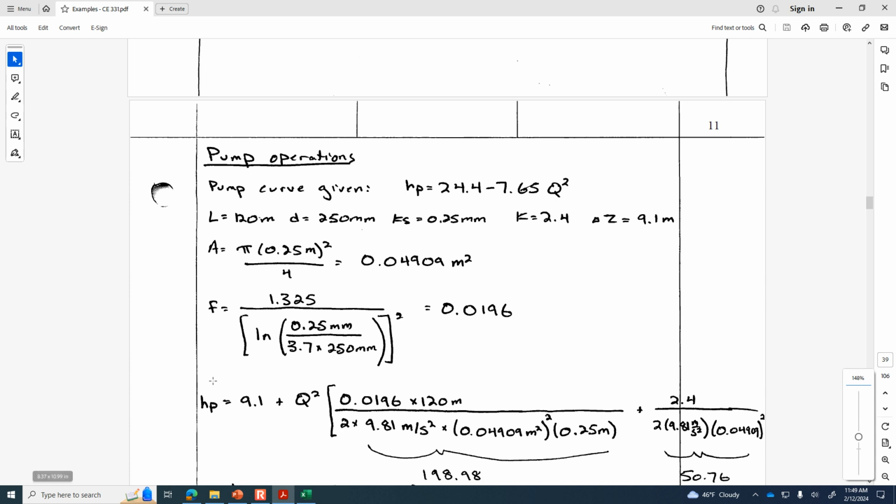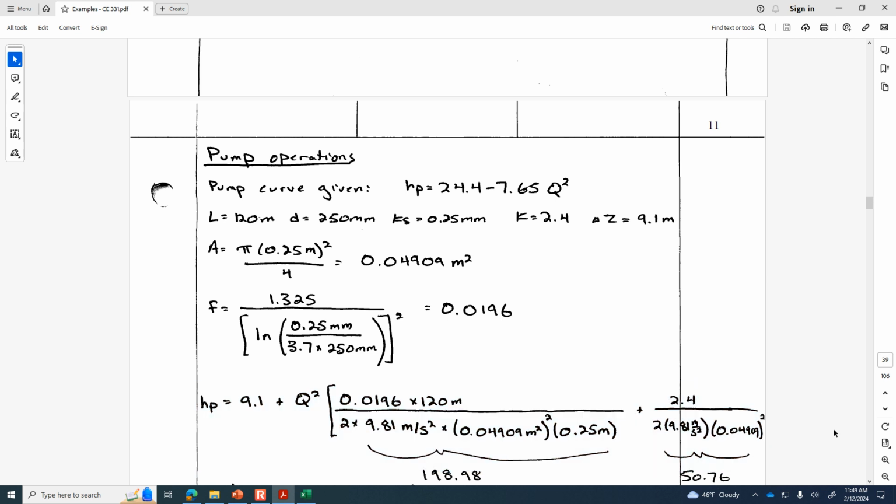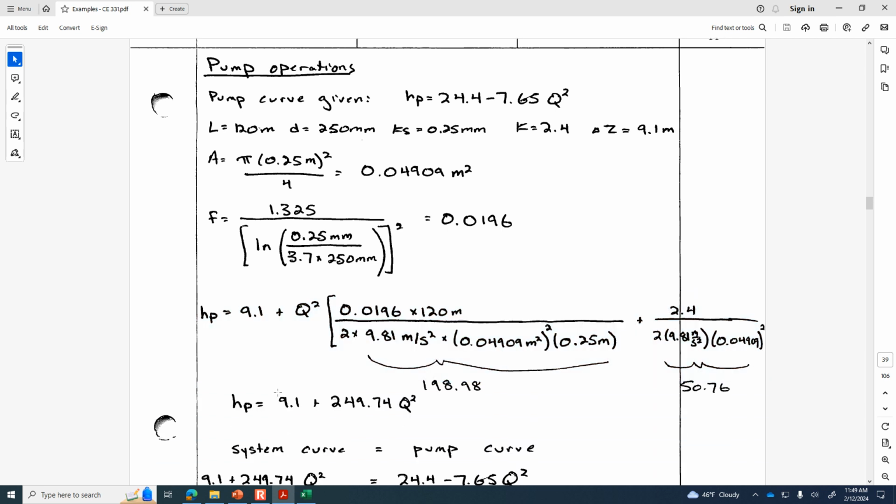And then we substitute that into the energy equation in terms of H sub P. So you see, I went through all of those steps, and the system curve is 9.1 plus 249.74 Q squared. So that says that our cutoff head is 9.1 meters, and then this 249 just indicates how much the pump head is reduced for each incremental increase in the flow rate.